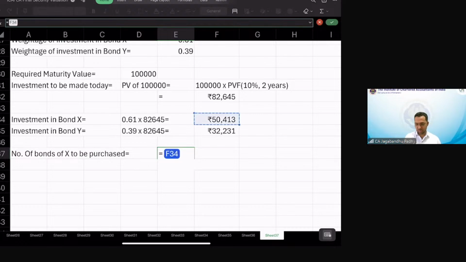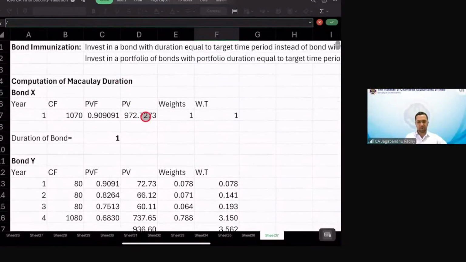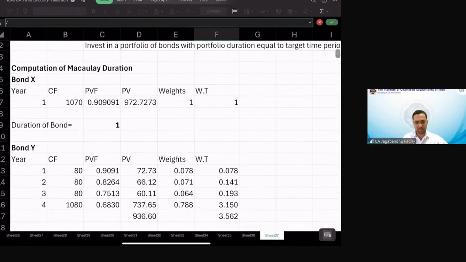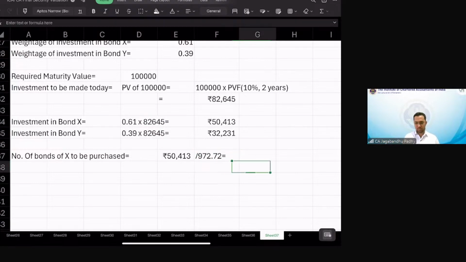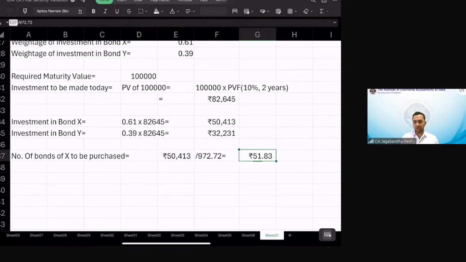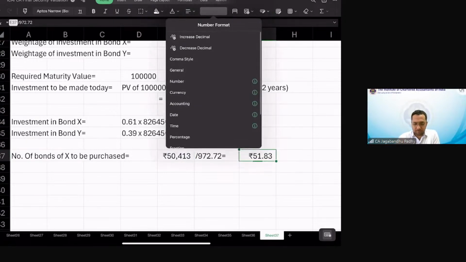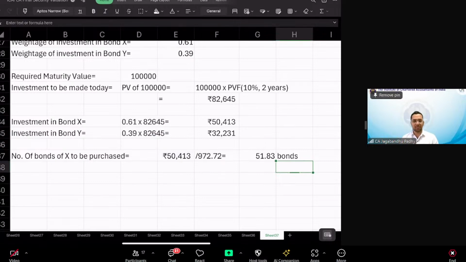Can I say it will be 50,413 divided by the current market price of this bond, which was 972.72. Can I say we'll be investing in 51.83 bonds? Right? So we are assuming that partial bonds are possible for investments.